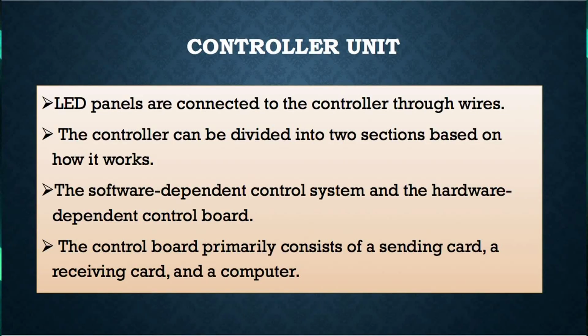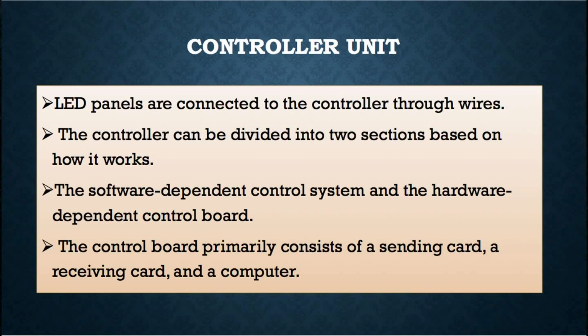So let us now discuss how the control unit works in a display unit. The previously discussed LED panels are actually connected to the controller through different wires. The controller can be divided into two sections based on how it works. One is a software dependent control system and another is a hardware dependent control board.